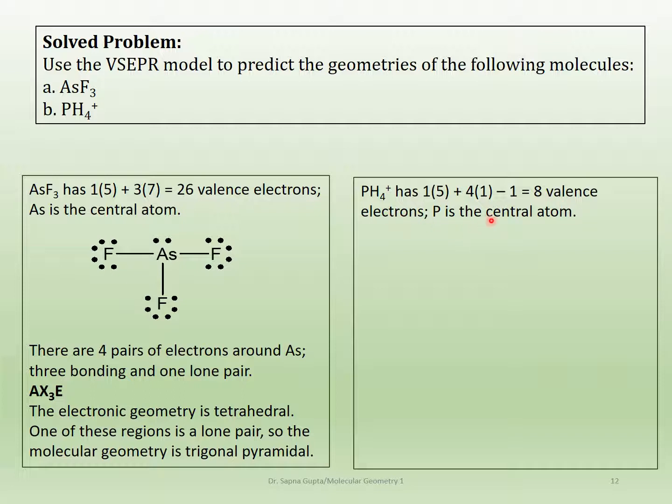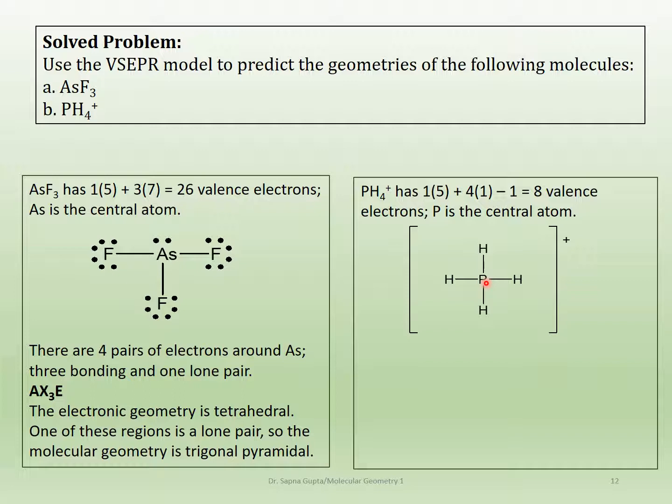And phosphorus here is going to be the central atom. Why not hydrogen? Because hydrogen is always terminal. It's never going to be the central atom. Its valency is always 1. So hydrogen is a little bit of an exception in a lot of cases. So right here is the Lewis structure for PH4 plus.